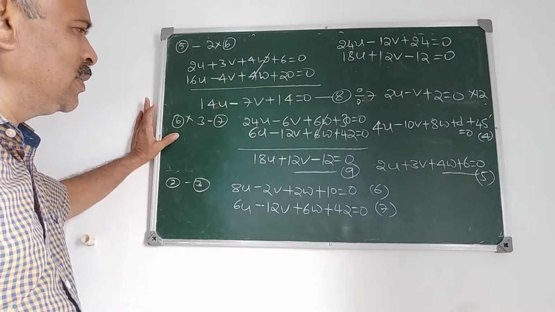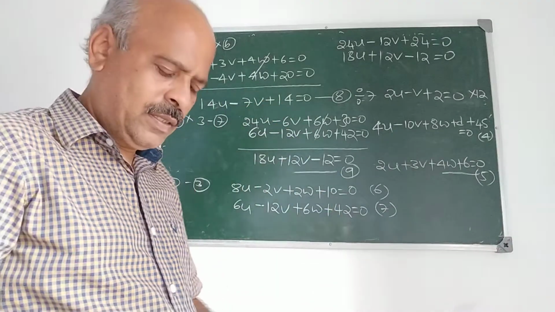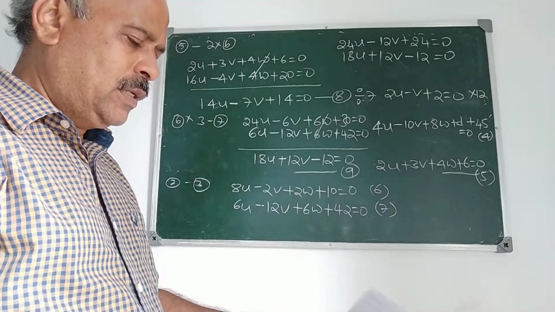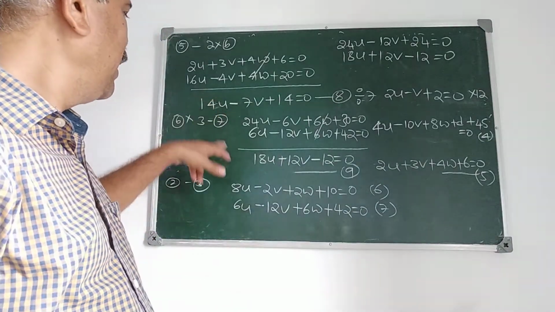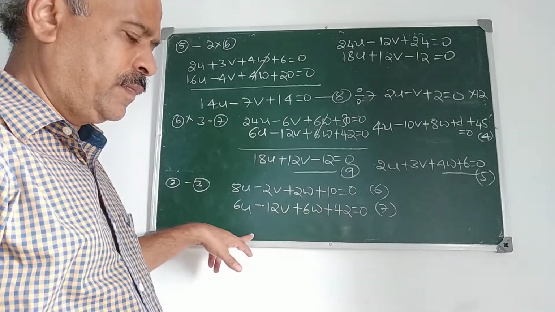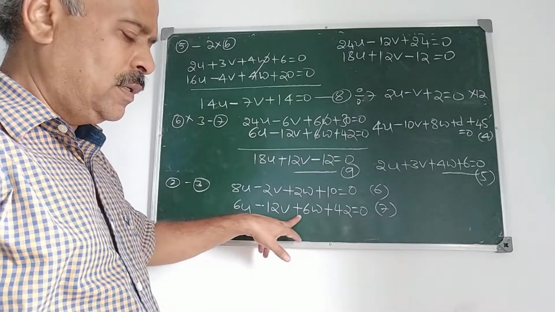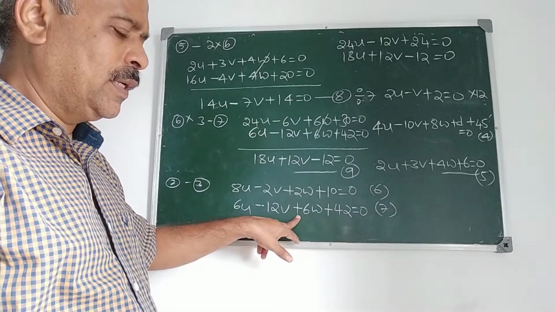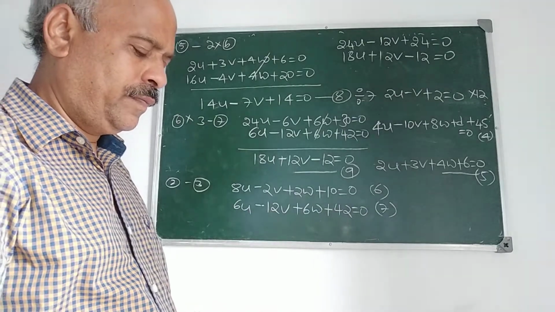If we subtract, what happens? Am I correct? This equation, I refer to 8. 2u, 3v, 4w is 6. This is correct. Then what is the equation? 8u minus 2v plus 2w plus 10. 6u minus 12v plus 6w plus 42. Yes.